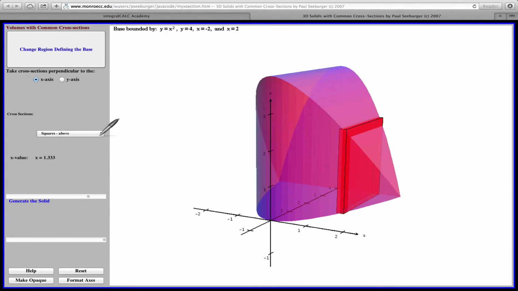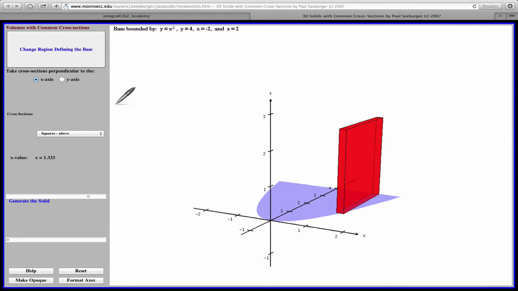Now, it doesn't have to be a square. All right, it could be a semicircle. So let's go ahead and put that on there. It could be a semicircle. So there's a semicircle. In this particular case, we want to find the volume of this semicircle. So that means we need to find the area of the base, and you want to think of this as laying flat. So the base would simply be a semicircle.